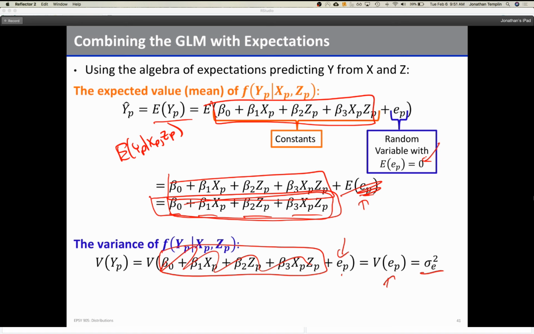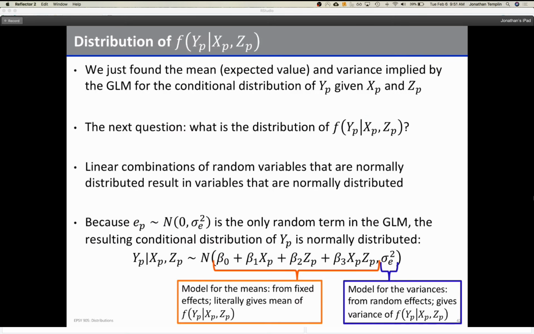So now what we're seeing is that the linear model is telling us that the mean of y depends on where x and z are. It falls on a line with x and z, and that for every given value of the mean of y, we're expecting the variance to be constant or homoscedastic at sigma squared e. Those are how we see the assumptions of the linear model itself, where we get those from.